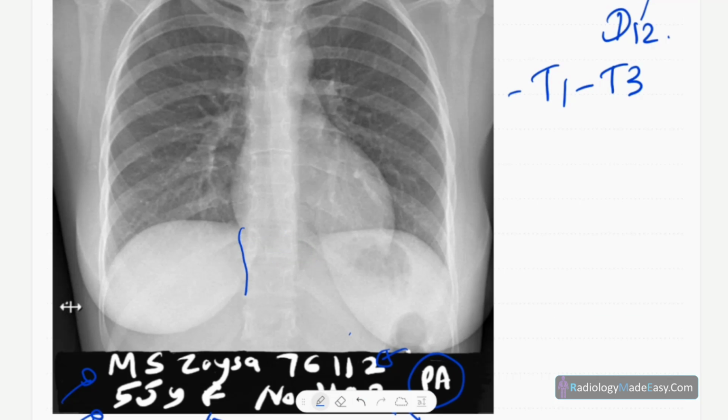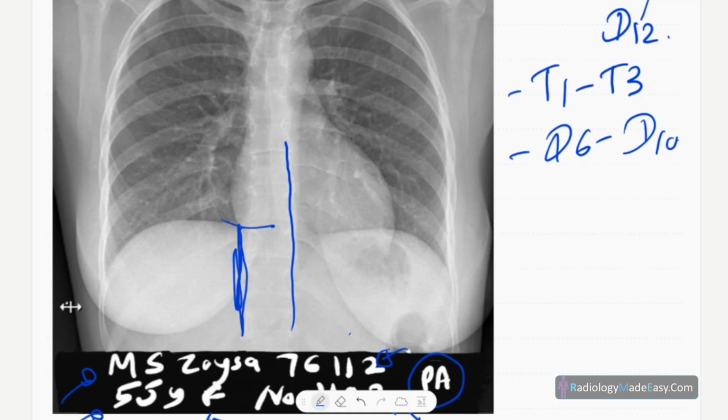The umbilical venous catheter is like this. Its tip is located at the junction between the right atrium and IVC, or at the level of the diaphragm. And umbilical arterial catheters are usually located at D6 to D10 level. Those are the things in children.